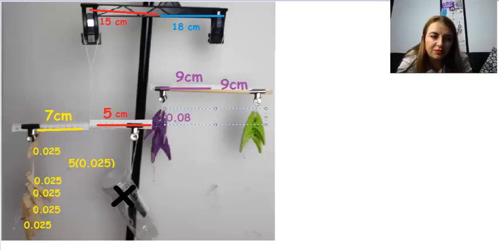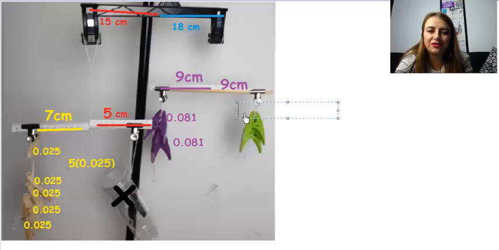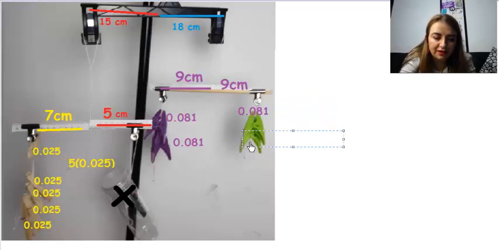It's going to be okay. And we have 2, so I need to write it again: 0.081. These ones are green, but they're the same clips. Even if they look like another color, they're the same, so I need to put the same value. So 0.081, and I'm going to put the other value.